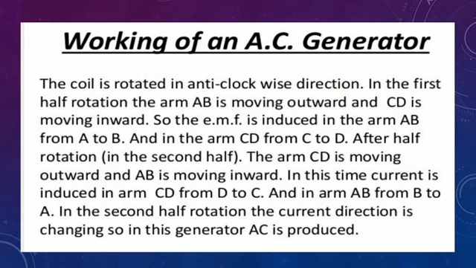That means AB moves downwards and CD moves upwards. So EMF is induced in arm AB from A to B, because the flux changes in the area of the coil.